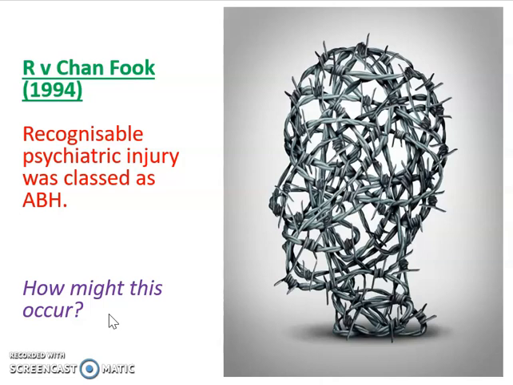But be careful in scenarios, because you've got to be sure that your victim has been diagnosed with a psychiatric injury. Them just feeling depressed or feeling scared is not going to be enough. That would just be assault. But if they've got a diagnosis, that can be actual bodily harm.